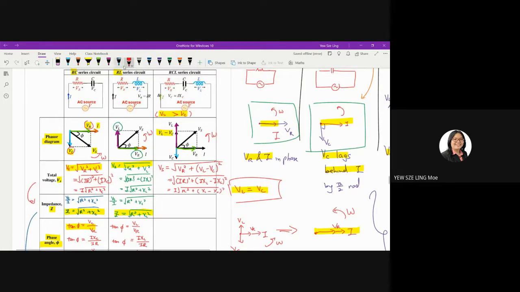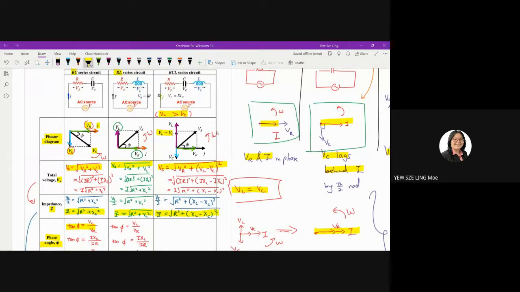Rearrange the equations, you're going to get the same thing again. VS over I is equals to square root of R squared plus XL minus XC squared. So Z is equals to square root of R squared plus XL minus XC squared. So you derive all this equation based on phasor diagram.